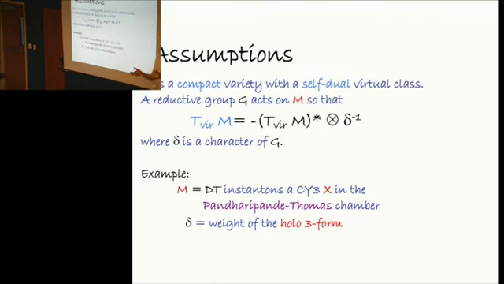The duality, generally speaking, if there is a group action, then the duality may pick up a factor. It means it's no longer that T virtual is exactly minus its dual, but it can pick up just a representation, just a character of this group.